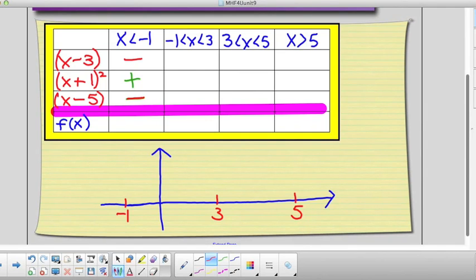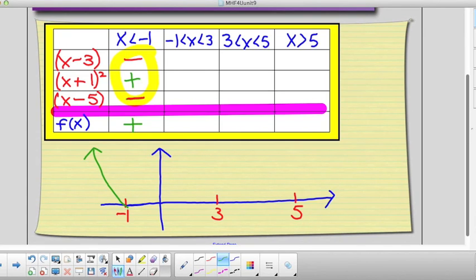Now, when I focus on these signs, a negative times a positive times a negative: a negative and a negative make a positive, multiplied by another positive. The graph is going to be positive when x is less than -1, or concave up. So it's going to look something like this.